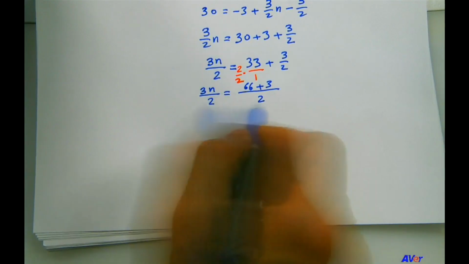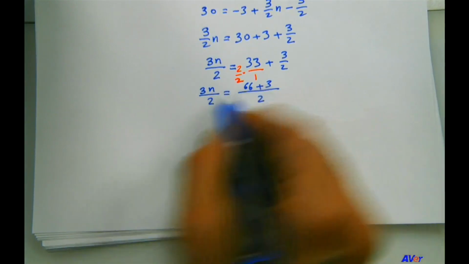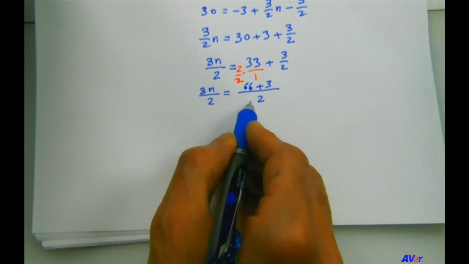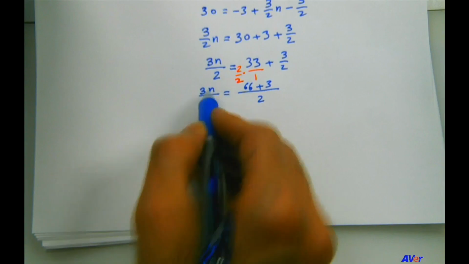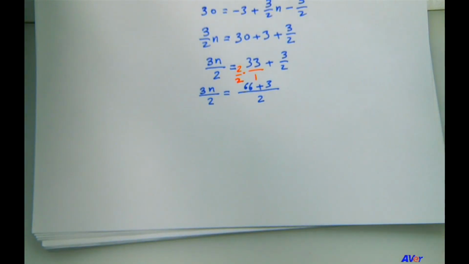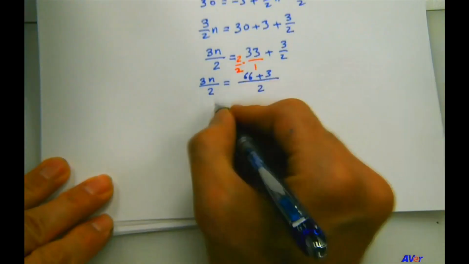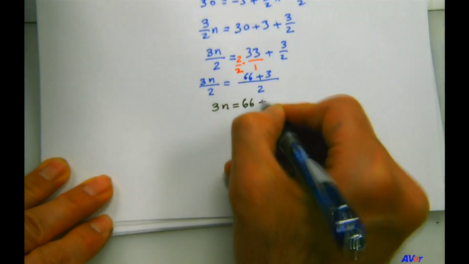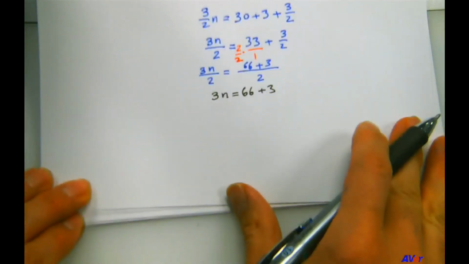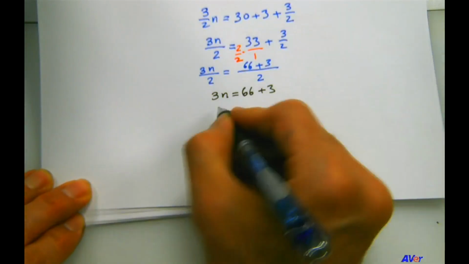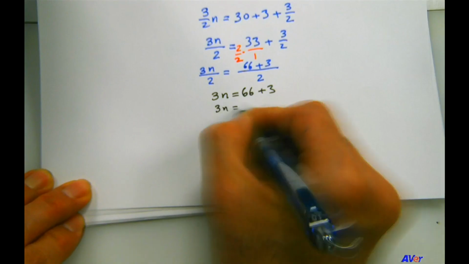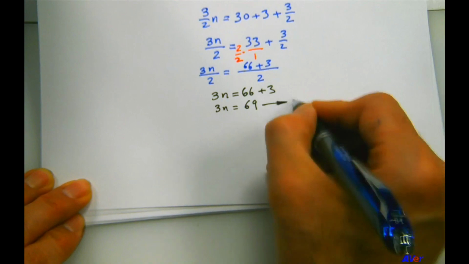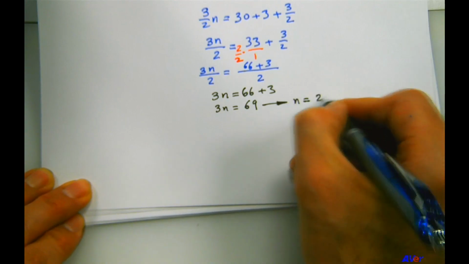So this works out nicely, because if the two fractions on these two sides are to be equal and their denominators are equal, then the numerators have to be equal. So therefore, we can write 3n equals 66 plus 3, or 69. 3n equals 69, and therefore n is equal to 23.